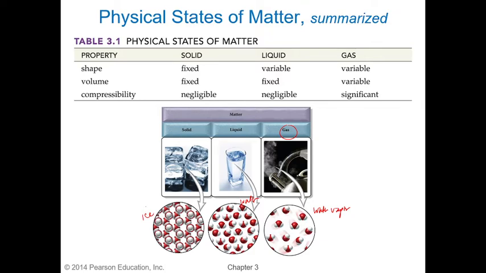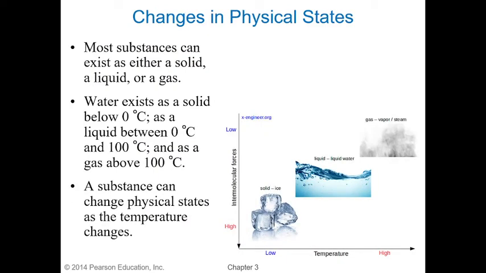Now, the question is: can we change a particular state of matter to another? And the answer is yes. So we also have changes in physical state. According to our slide, most substances can exist as either a solid, a liquid, or a gas. Meaning, at a particular time, your substance will exist in one state, but you can also change it to another.